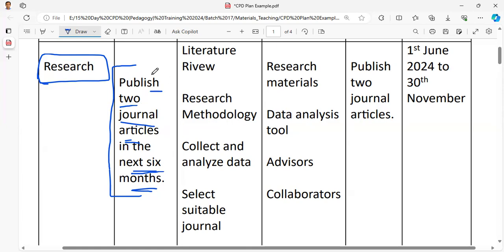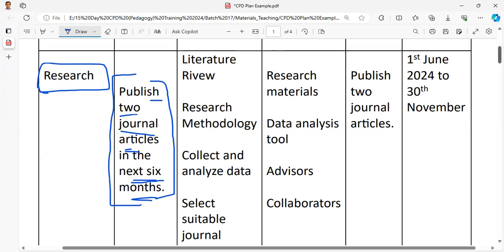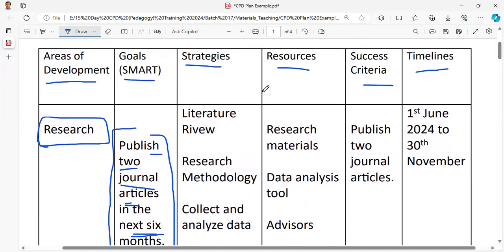I am a teacher, so I have chosen a target which is related to teaching and learning. It is research, so my goal meets all criteria of SMART.